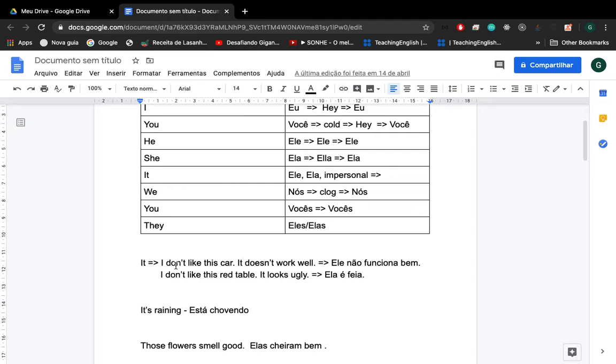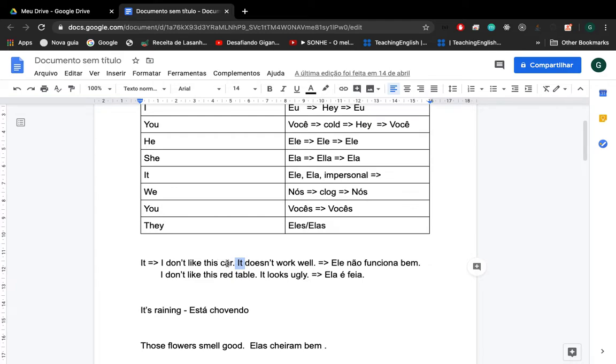Since I've already mentioned the car, in the second sentence I don't need to refer to that car as this car anymore. So I would use the pronoun it to mention that car.